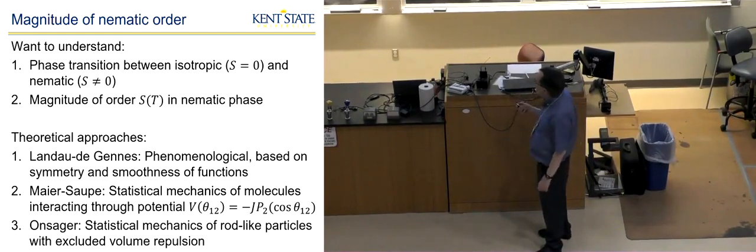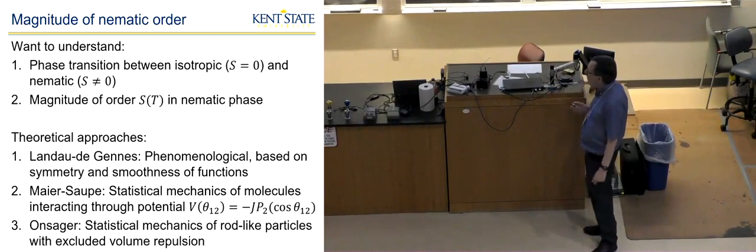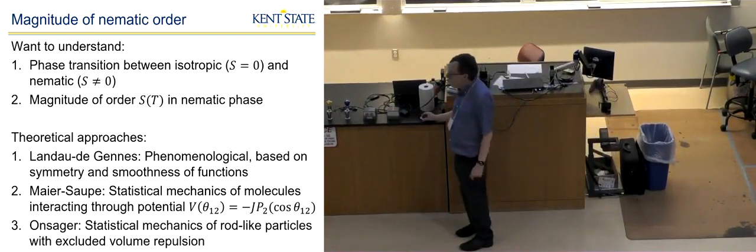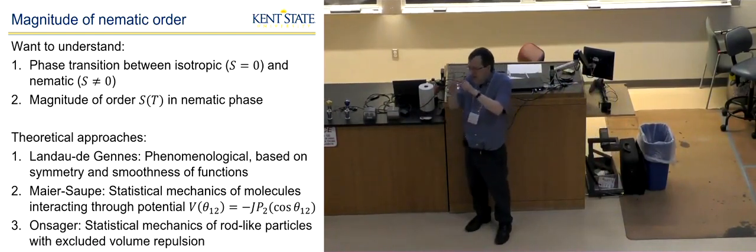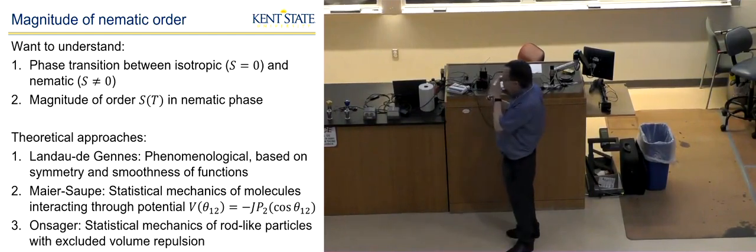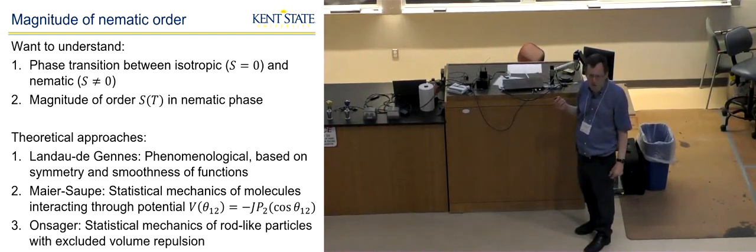One variety is Maier-Saupe theory, which is based on the statistical mechanics of molecules which interact through a potential energy which tends to favor molecular alignment equally well, parallel or anti-parallel. And then another class of theories, Onsager theory, is based on the statistical mechanics of rod-like molecules with some excluded volume repulsion.